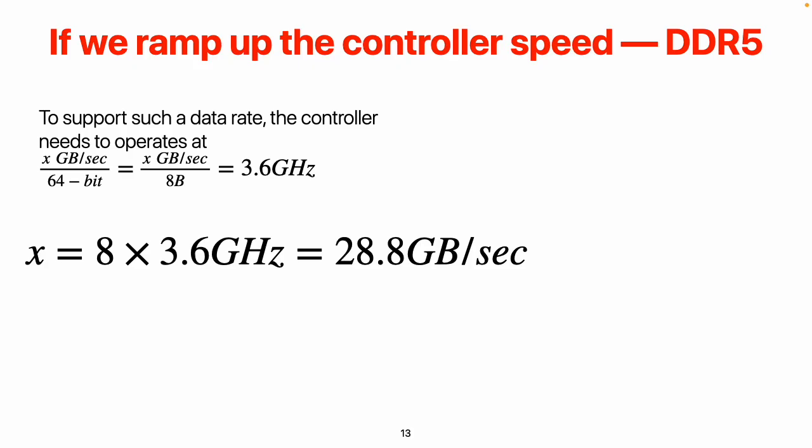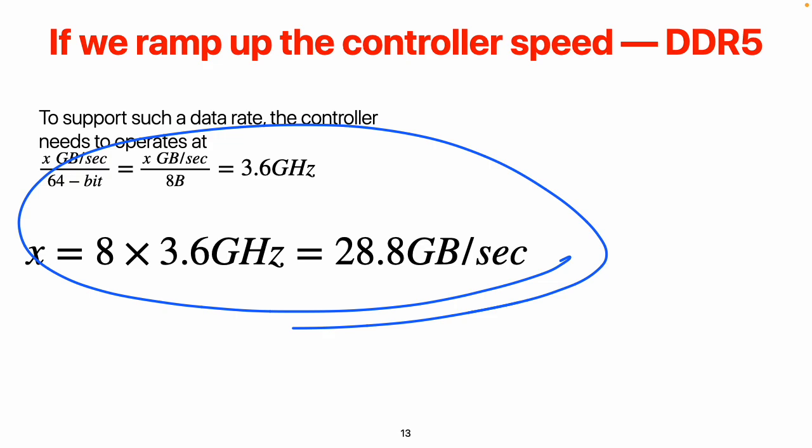So if you have dual channels, you are still going to get about 57 in this case. Although each module is at this speed, with dual module, dual channel, this twice amount of speed is what you are going to get.